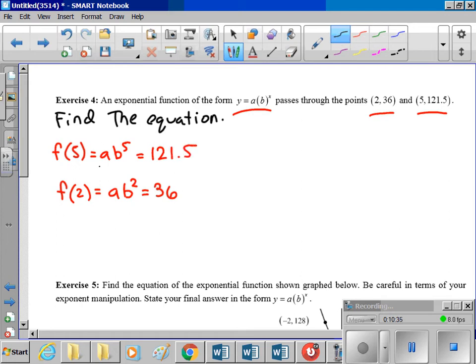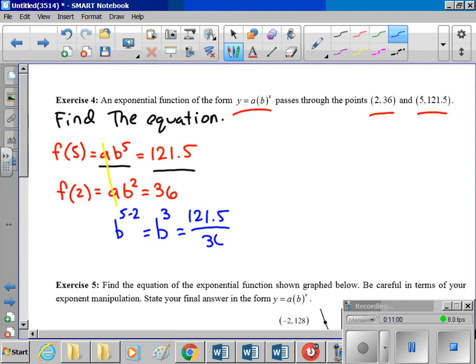So if we take our ratio, our a's cancel, our b's will subtract. So we get b to the 5 minus 2, which is, of course, b cubed equals 121.5 over 36.